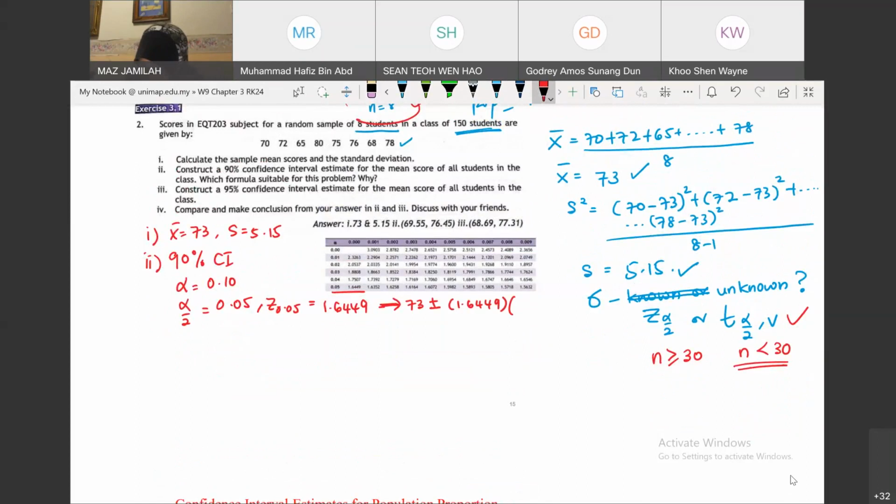Sorry, I made a mistake there. You know that we are referring to our T. So T 0.05, and then v is n minus 1, which is 8 minus 1, is 7. What is our critical value? Let's look at our table.